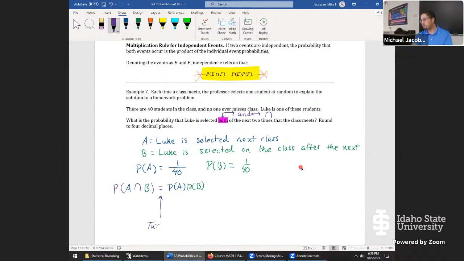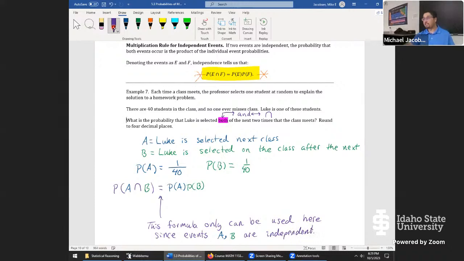This formula can only be used here since events A and B are independent.